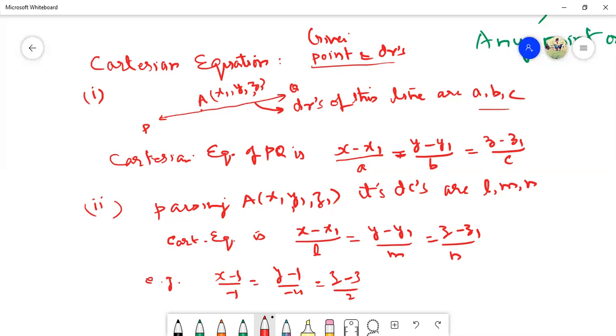I told you that the sum of the squares is equal to 1. It will always be in fractions or two zeros and one 1. Here 1 square plus 4 square plus 2 square is not equal to 1. So these are the DRs. So DRs of this line are minus 1, minus 4, and 2. So this is the extra thing.